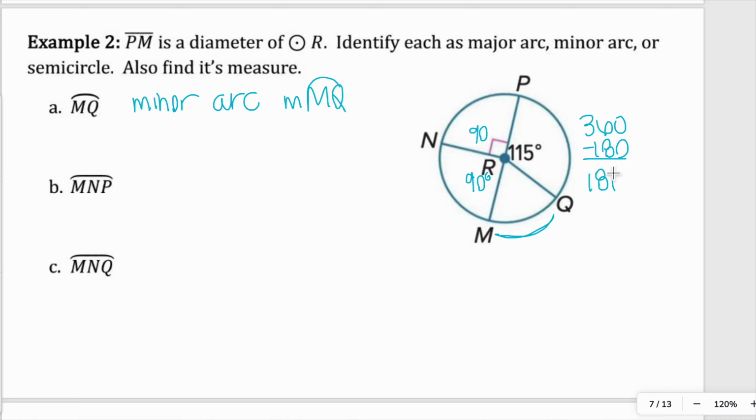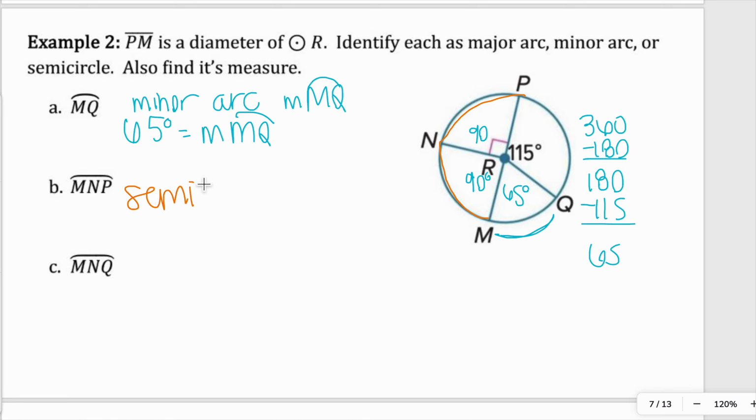I got 180, and then 180 minus 115 is going to give me 65 degrees. So 65 degrees is equal to the measure of MQ's arc. MNP is going from M to N to P, and that one's a semicircle.